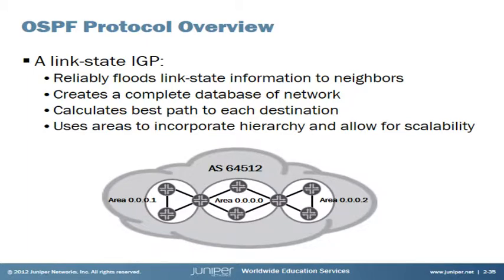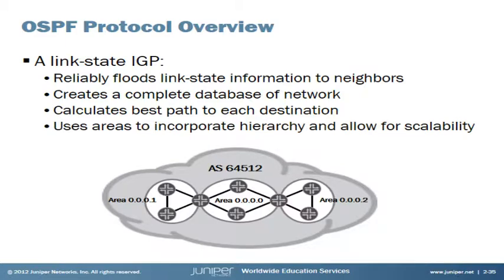So routes are not advertised and evaluated. Link states are advertised, a topology is built, and routes are calculated. Basically the router figures out for itself the best path to get to every single part of that network. So they're calculated routes.